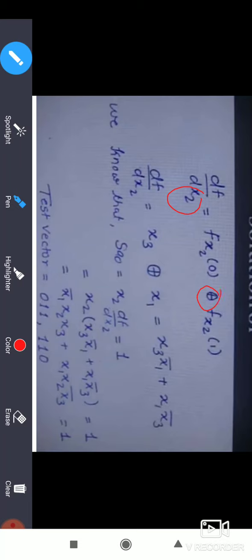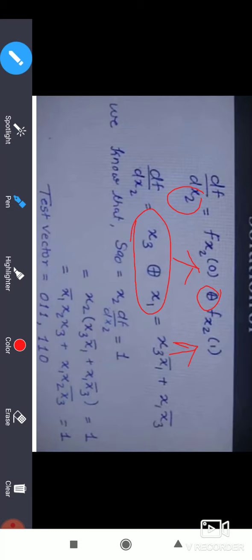If we apply this, in the above formula initially we apply x2 equal to 0, then x2 equal to 1. Then we will get x3 exclusive OR x1.